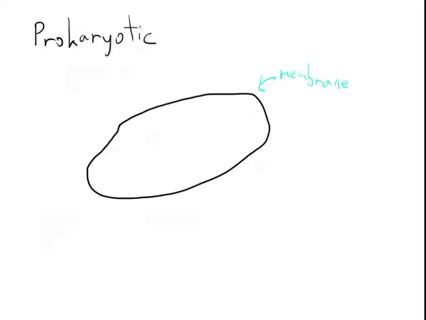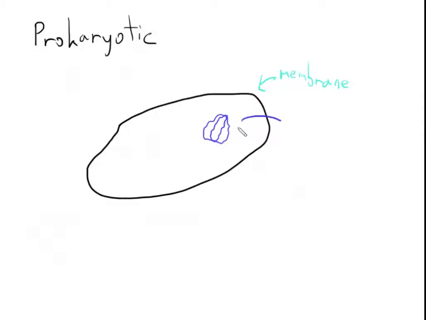In addition to the membrane, the typical prokaryotic cell is going to have a region within it, which I'm going to call the nucleoid region.